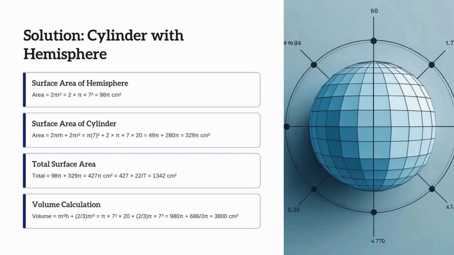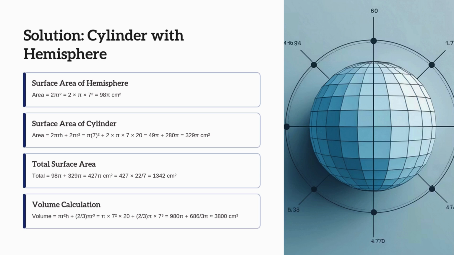Simplify the second term. 2 multiplied by 140 equals 280. So the cylinder's surface area equals 49 pi plus 280 pi. Add the terms. 49 pi plus 280 pi equals 329 pi. So the surface area of the cylinder is 329 pi square centimeters.